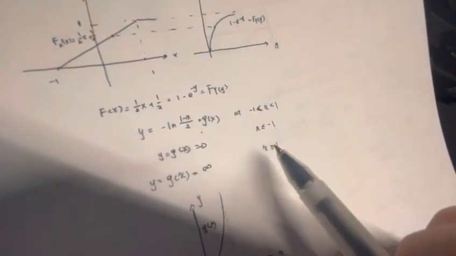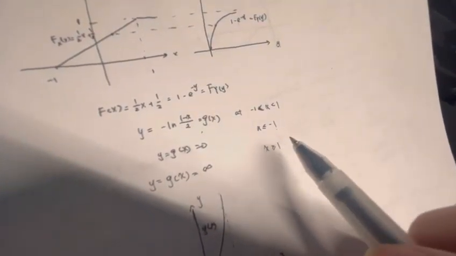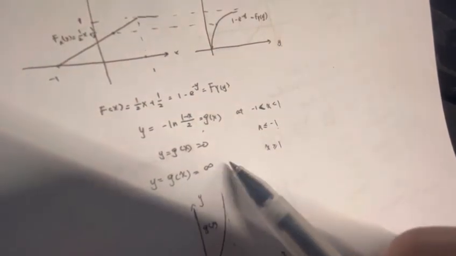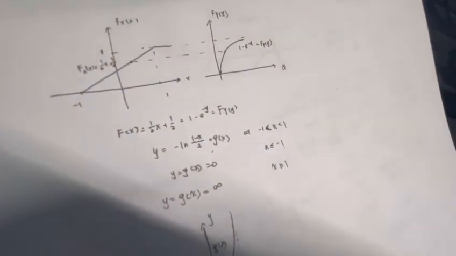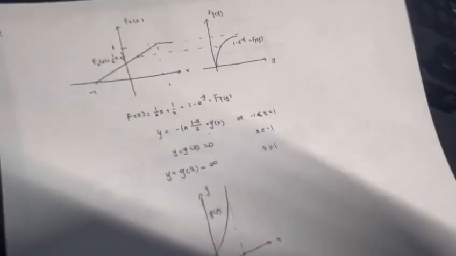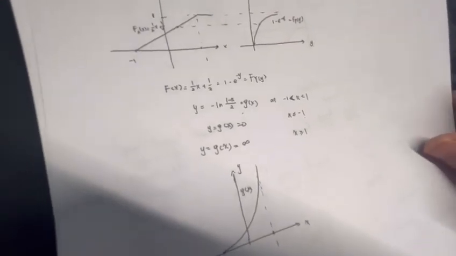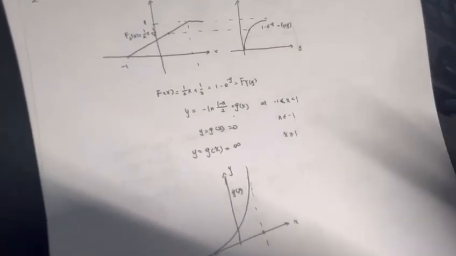And when x is larger than 1, it's out of this range, and g(x) will go to infinity, since the function is 1 minus e to the power of -y.